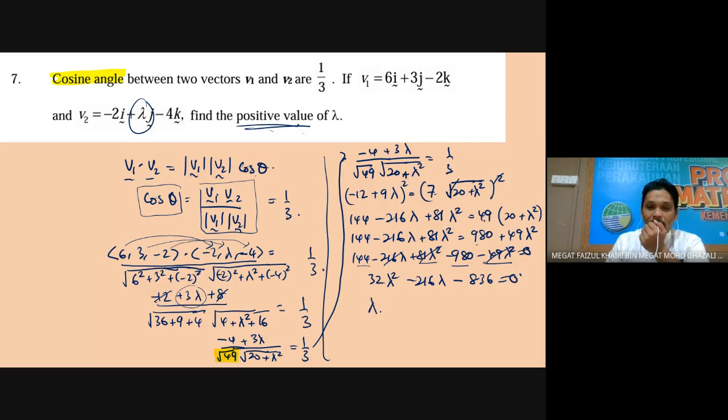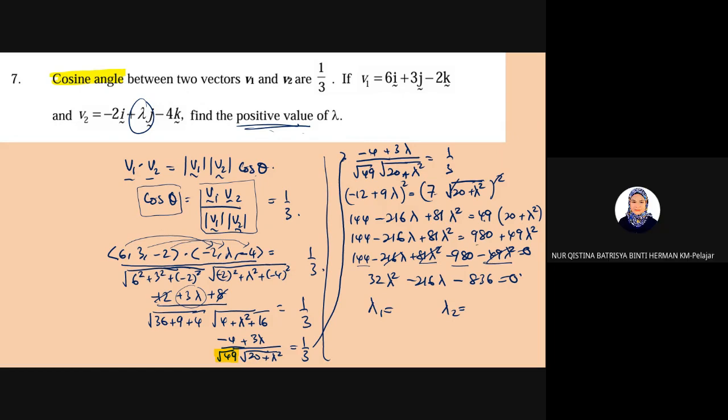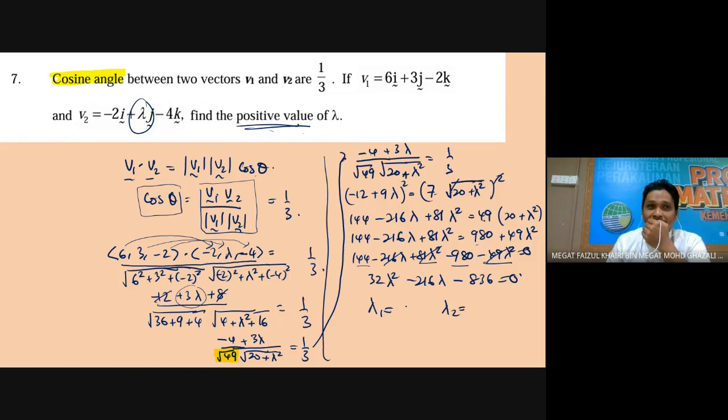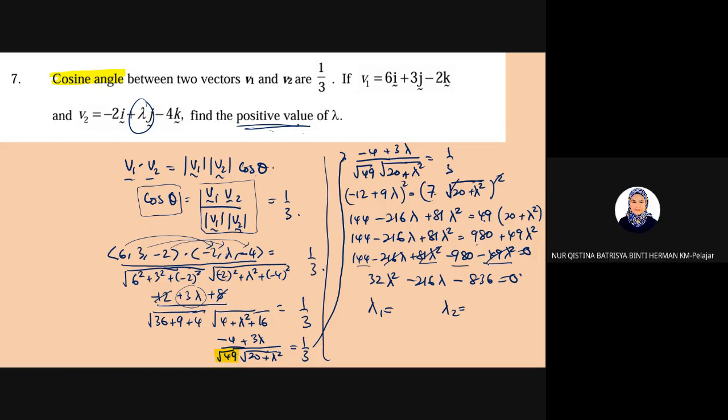So please tell me, what is the first lambda? What is the value of first lambda here? 9.5, or in fraction, dalam bentuk pecahan, 19/2.